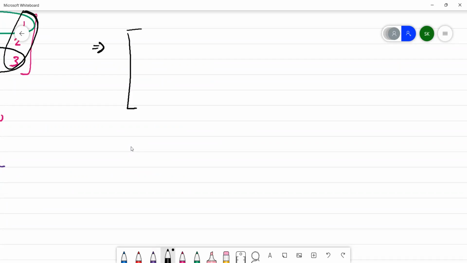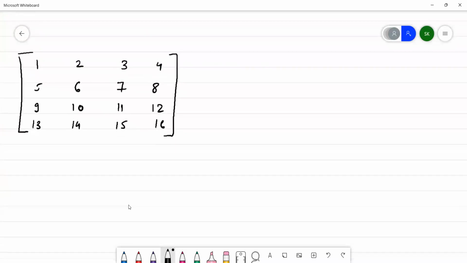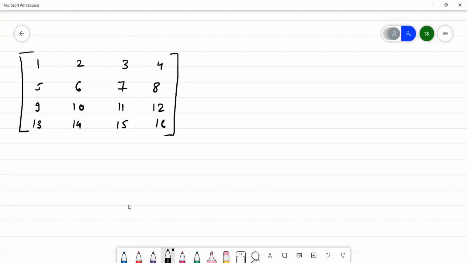So for the size 4 by 4, you will be given this matrix, and for the rotation purpose, it will be converted to 13, 9, 5, and 1.